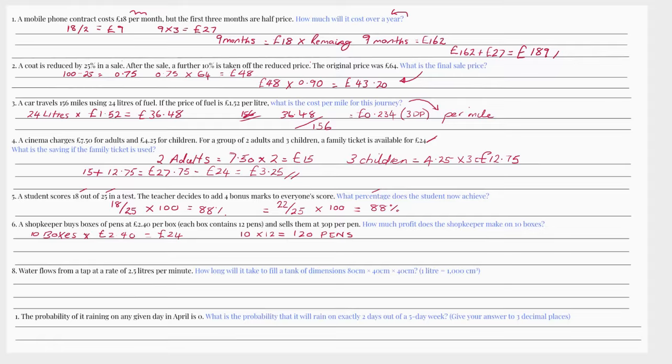So let's work out 120 pens times 30p per pen, which gives us £36.